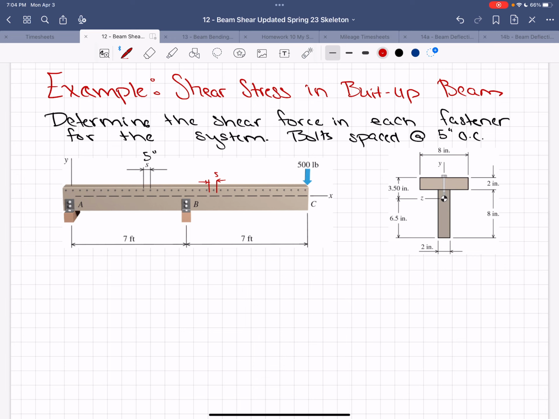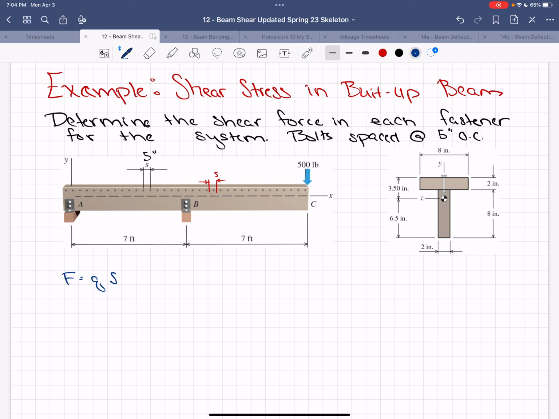So the equations we'll be using here are that our horizontal force equals the shear flow times the spacing. This is the force that the bolt can hold.